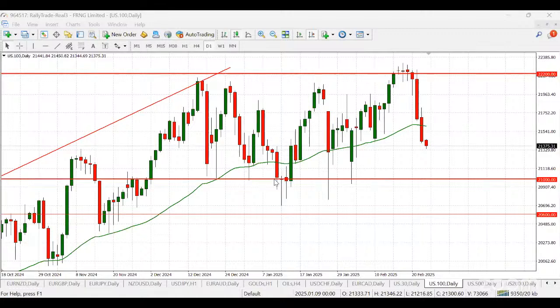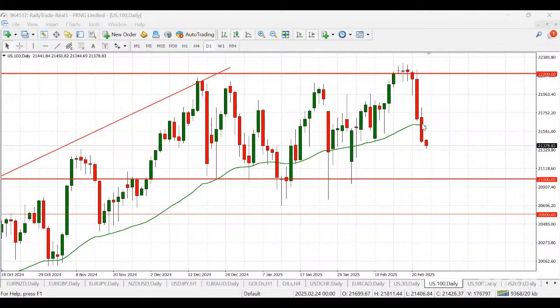All right, for US 100 now, resistance at 22,200 and support at 21,000. So it's tested the resistance at 22,000 and now it's heading towards support at 21,000.